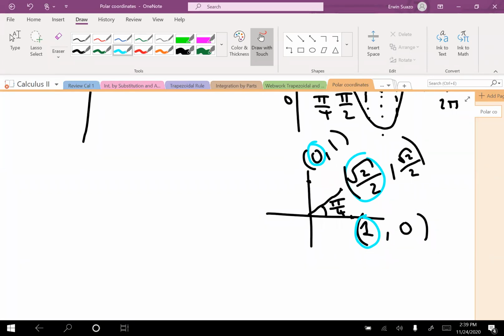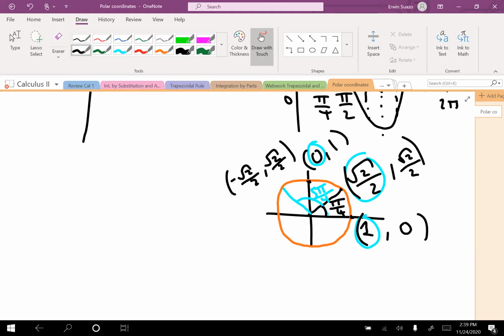This one is 5 pi fourths. What is cosine of 5 pi fourths? Use that as a circle. Is it negative square root of 2 over 2? Yes, negative square root of 2 over 2, because it's symmetric.